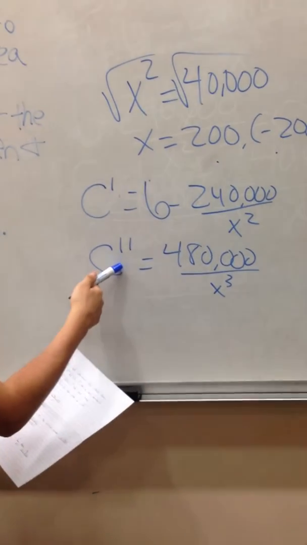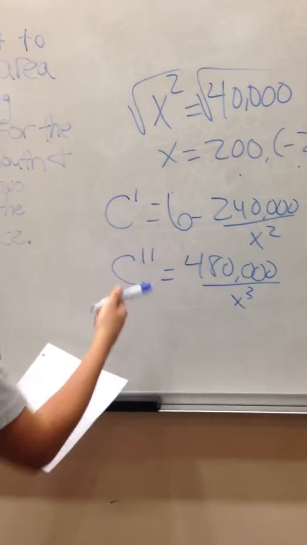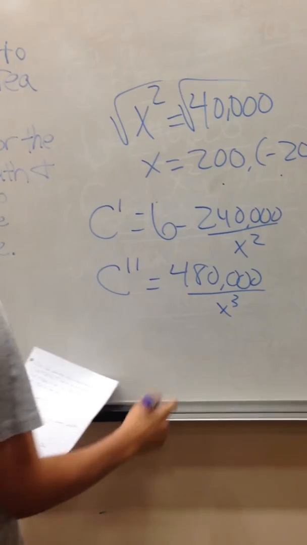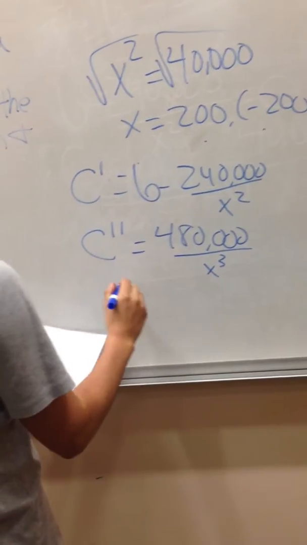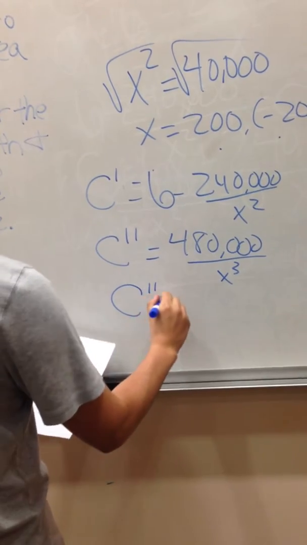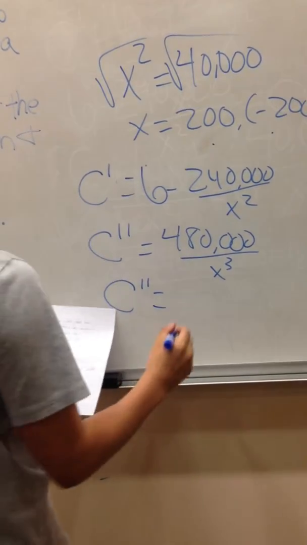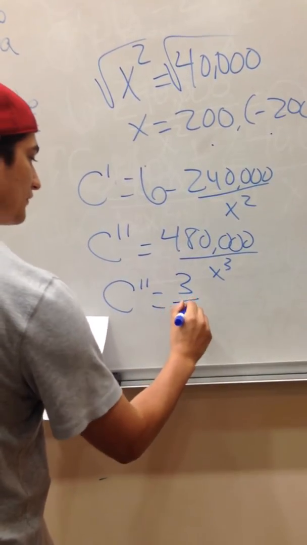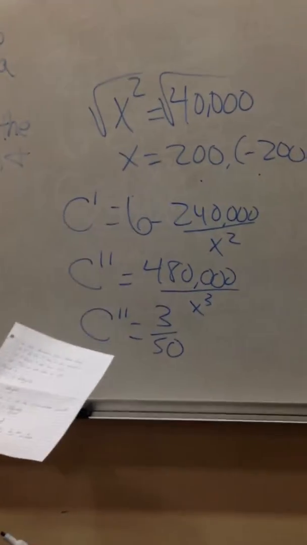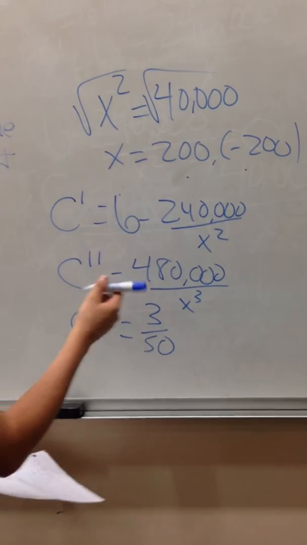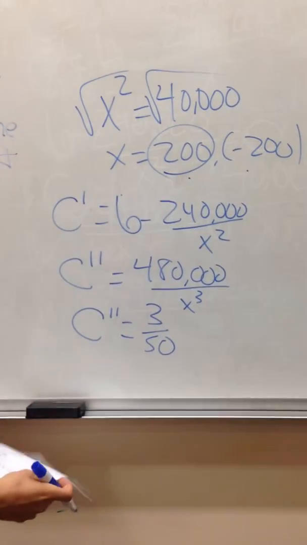Now we need to evaluate the second derivative of C at 200. When you plug in 200 for x in your calculator, it should equal 3 over 50. Now 3 over 50 is greater than 0, so x is a local minimum at 200.